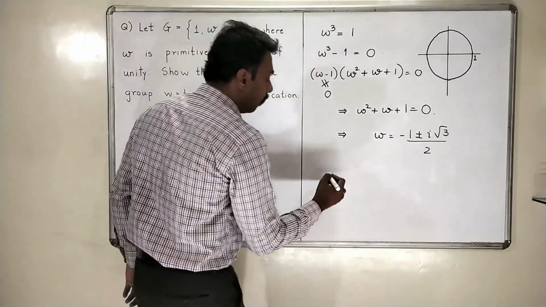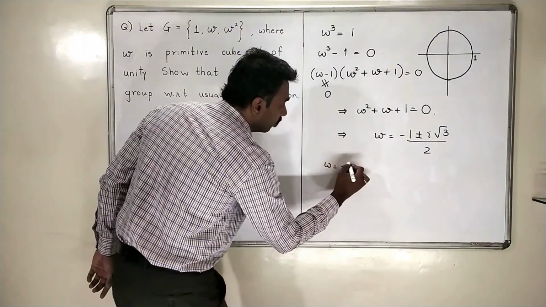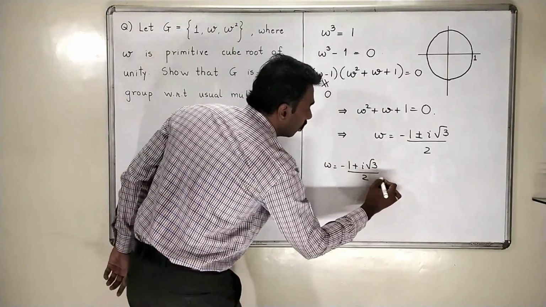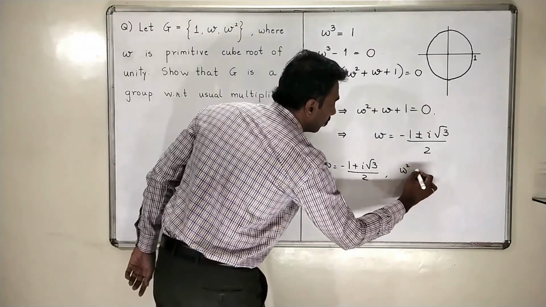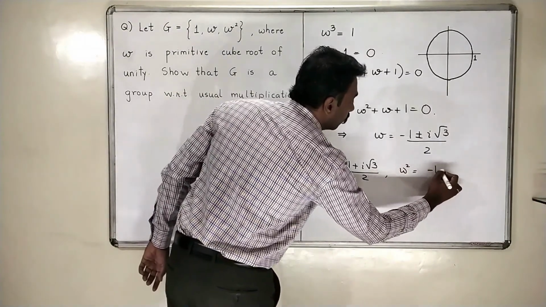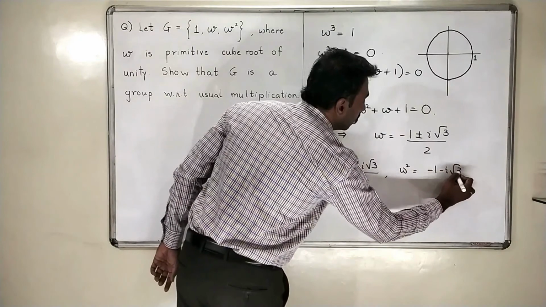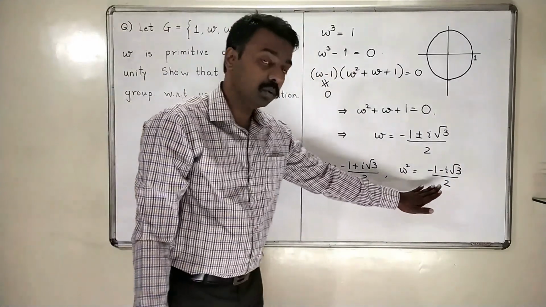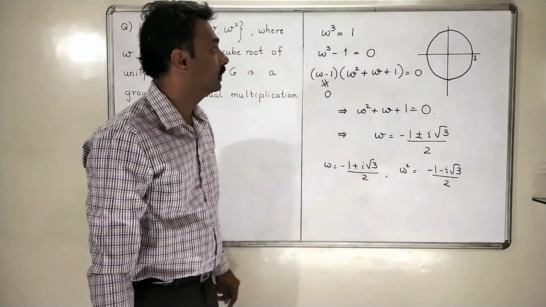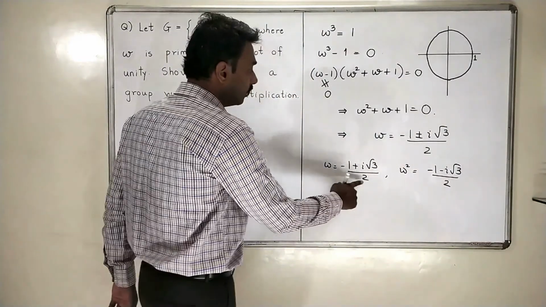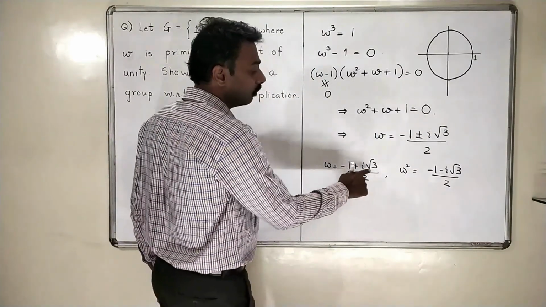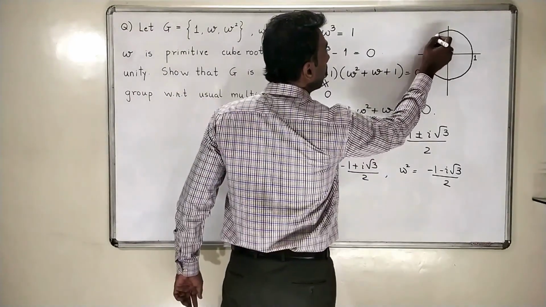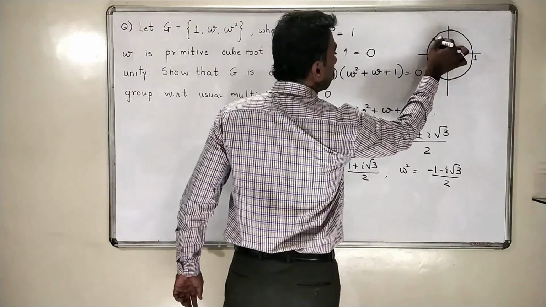So we will take omega as (minus 1 plus i root 3) divided by 2, and omega square, if we calculate, will come up to be (minus 1 minus i root 3) upon 2. You can do this calculation in your leisure time. If I plot this complex number, minus 1 plus i root 3 divided by 2, it is here at an angle of 120 degrees.